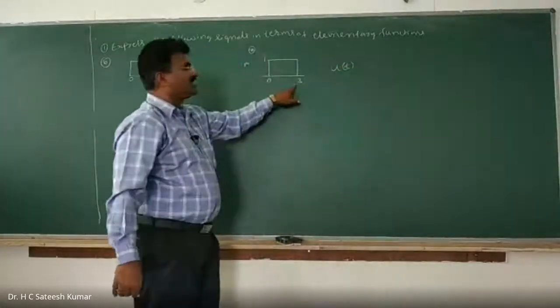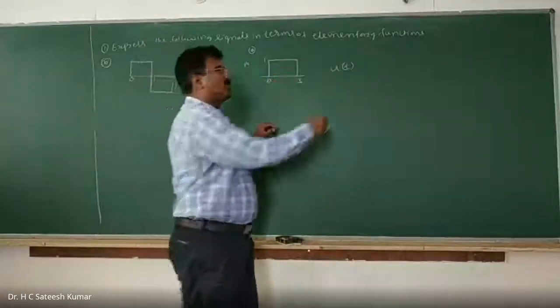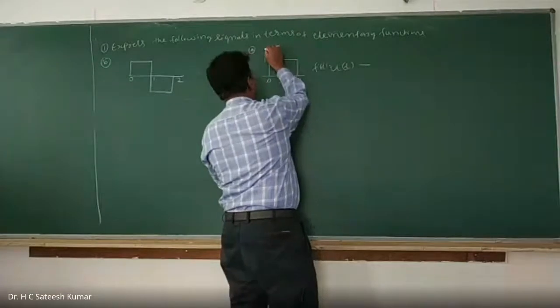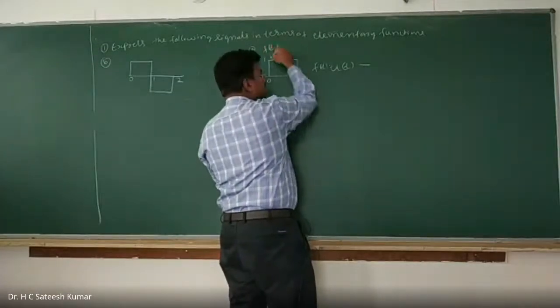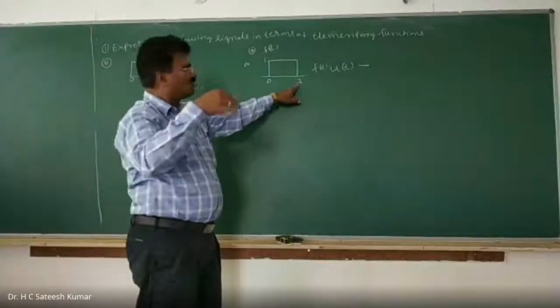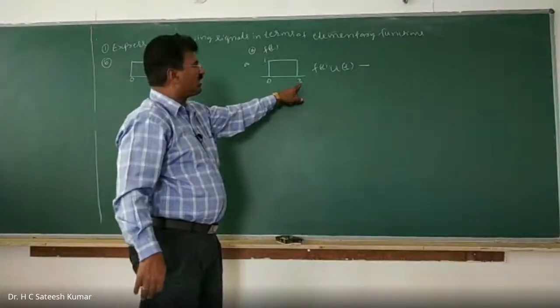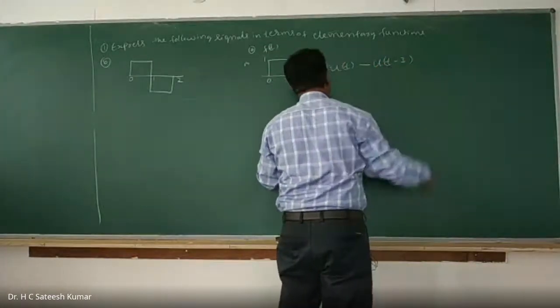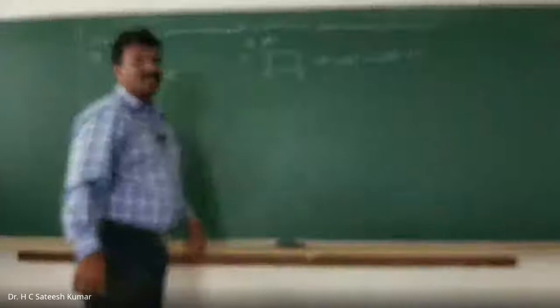At 3, I have to fall down. Fall means minus. So f of t is equal to u of t minus u of t minus 3. That's how we can write it easily. This is a shortcut. Directly we can write it.